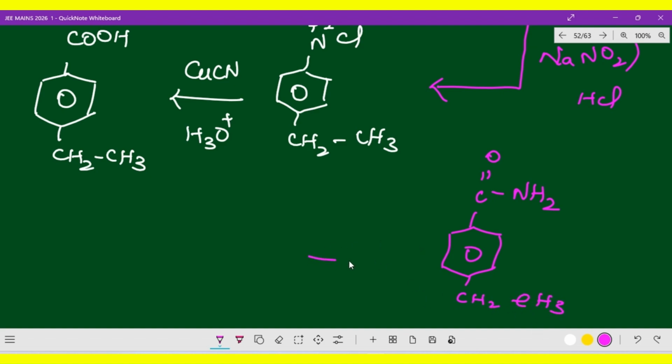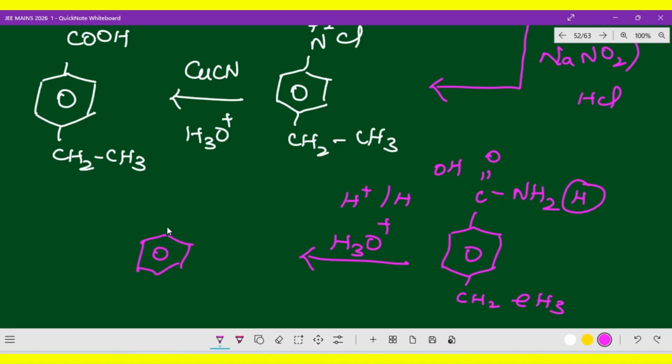Directly on hydrolysis, H3O plus, H plus, hydrogen will be attached, so the ammonia will go away, and then if OH is combined, you will get COOH. So of course you will be getting the same as we mentioned, COOH and here CH2 CH3. I hope you got the clarity. So this is compound A and this is compound Z.